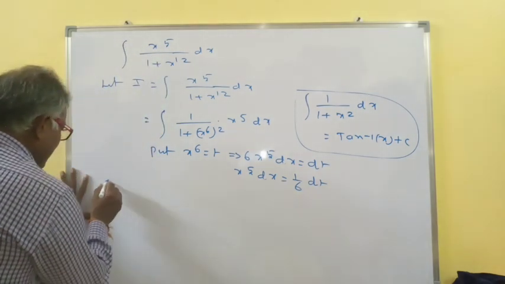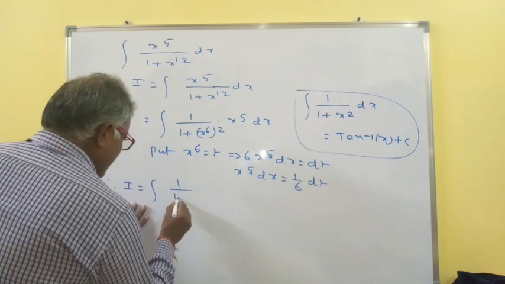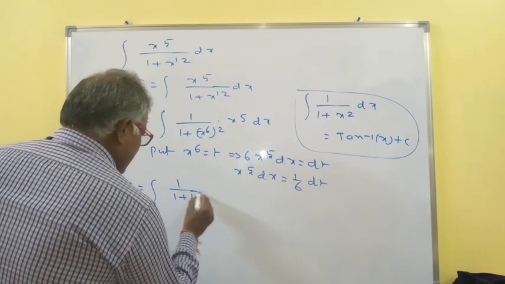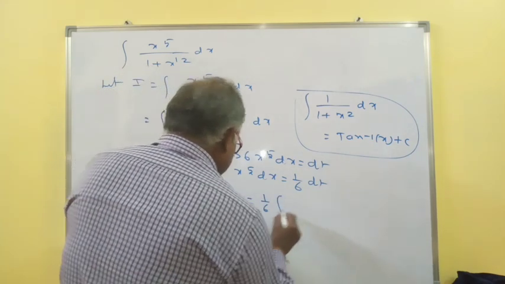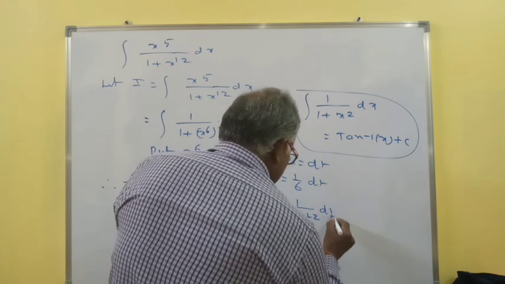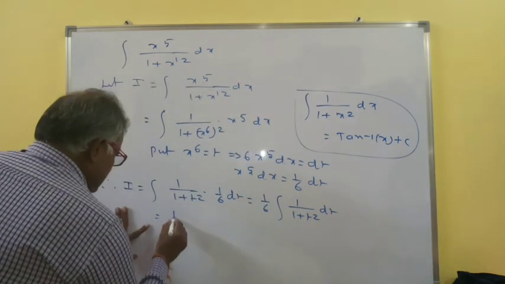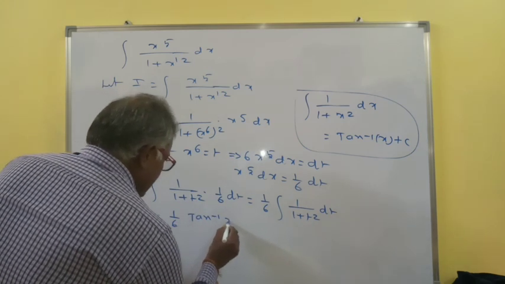Therefore I is equal to the integral of 1 by 1 plus t square into 1 by 6, so 1 by 6 into the integral of 1 by 1 plus t square dt, which is 1 by 6 into tan inverse t.